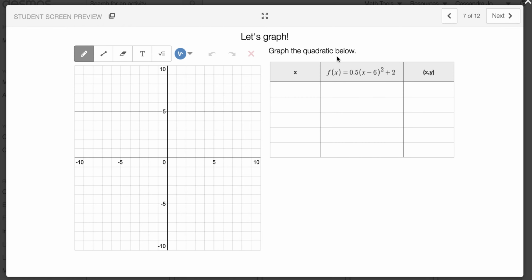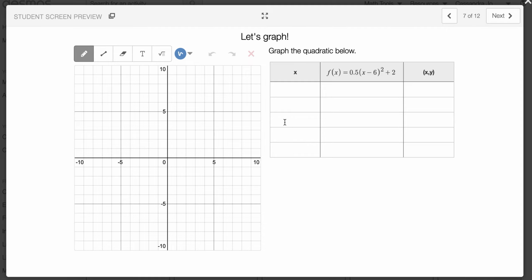So now here is a quadratic graph, and a table really helps us organize our work. And so I've given you the table, but if I don't give it to you, we highly recommend writing it down. And our first step, the first thing that we want to do, is identify the vertex, because we are not going to fill out this table using 0 in the middle.